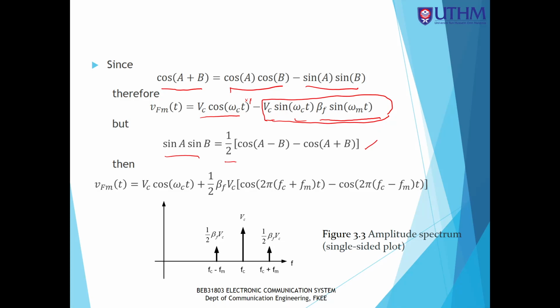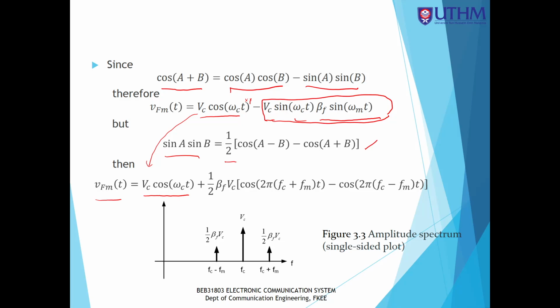Now we want to rewrite the equation. Therefore, we can put V FM of t equal to Vc cos omega Ct from this part, and sin sin becomes cos minus cos.